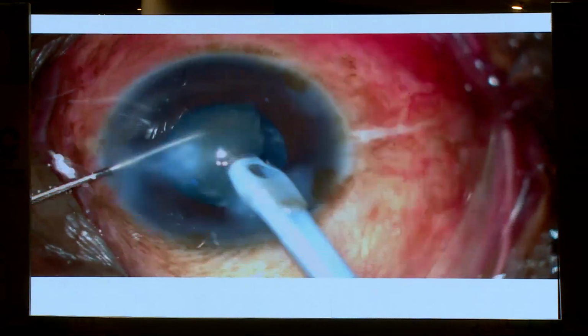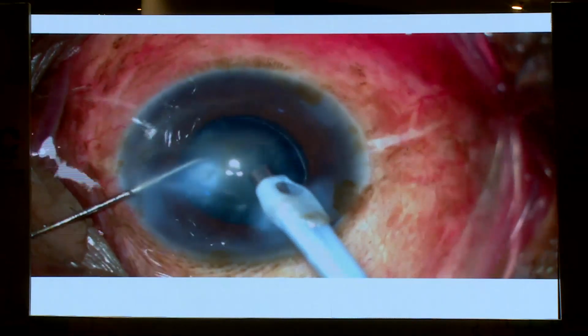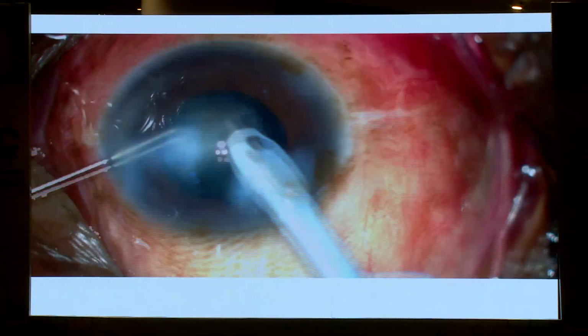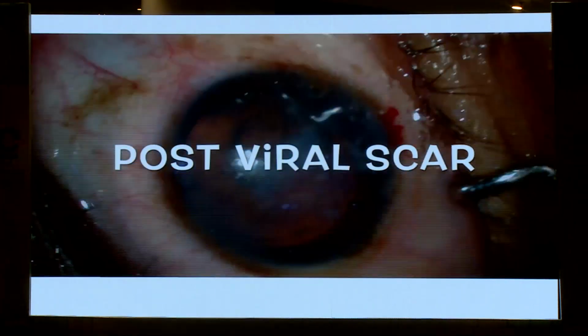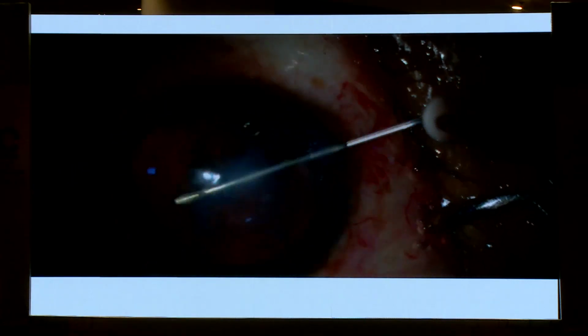Look, my phaco probe is always to the right a bit. It never goes under the area of the scar. And if you have a good microscope with good retroillumination, I always use a bimanual technique, because it is something like a third arm. You can always retract the iris, you can always move the eye, and then you can visualize the area of cortex and you can remove it. This is a case of post-viral scar which was stable for almost 6 months with no recurrence.